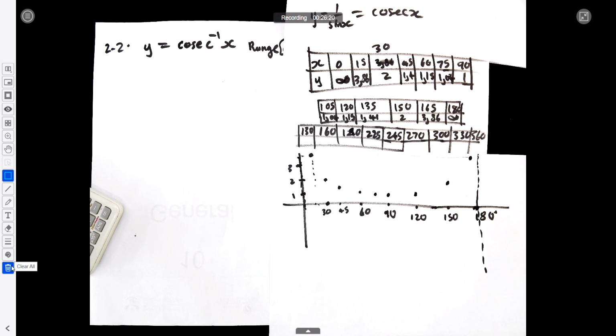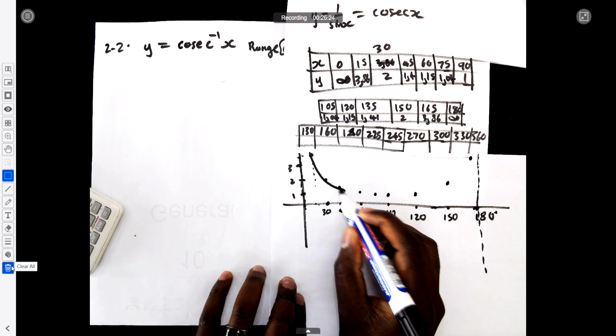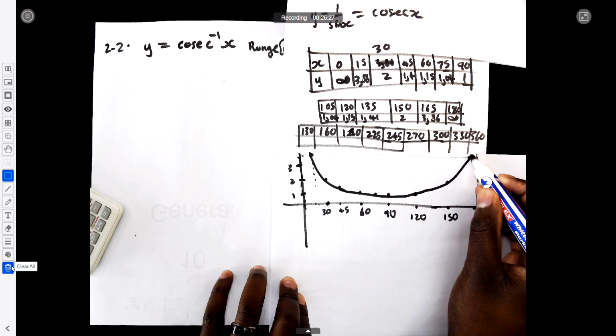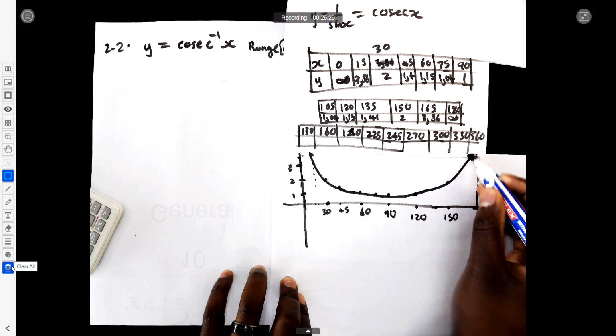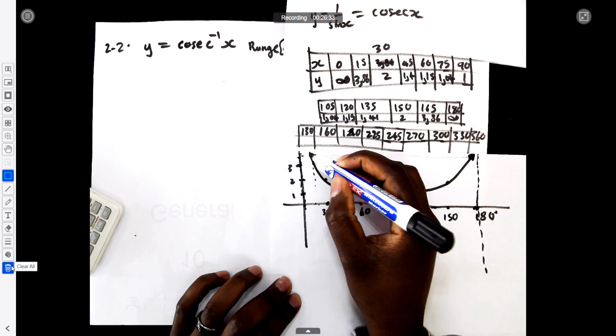The 180 degrees. So you can just join those points and curve it at 90. It will continue to infinity, diverging through 180 and through the x-axis.